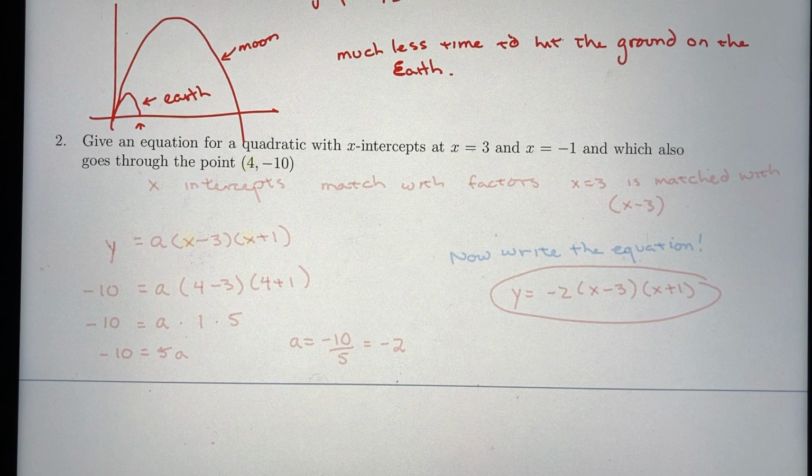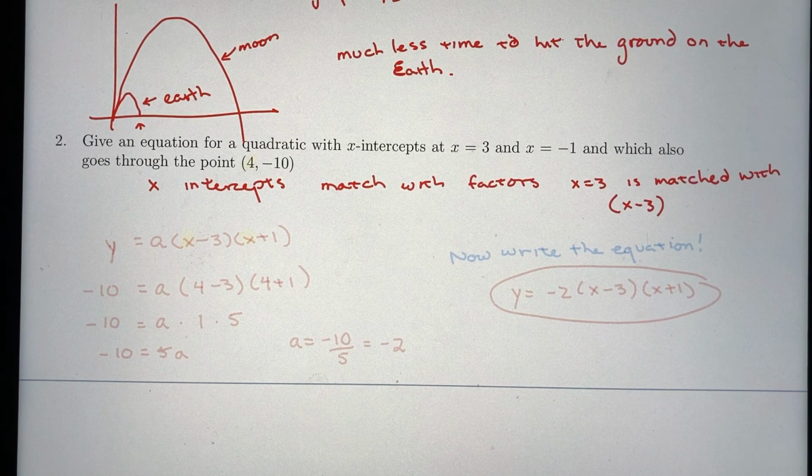X-intercepts for this second problem. X-intercepts give the factors. So an x-intercept of 3 is matched with the factor x minus 3.